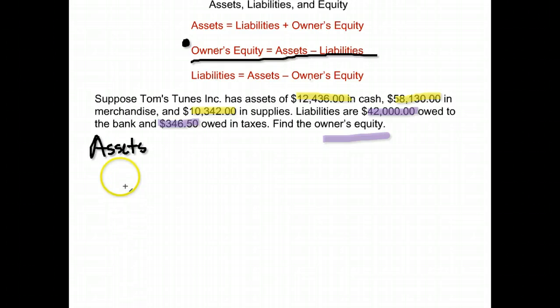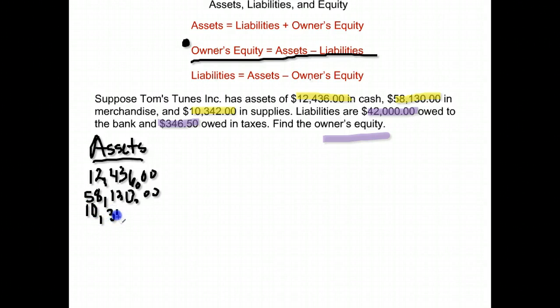All right, so let's total up our assets. So we had $12,436 in cash. We had $58,130 in merchandise and $10,342 in supplies.